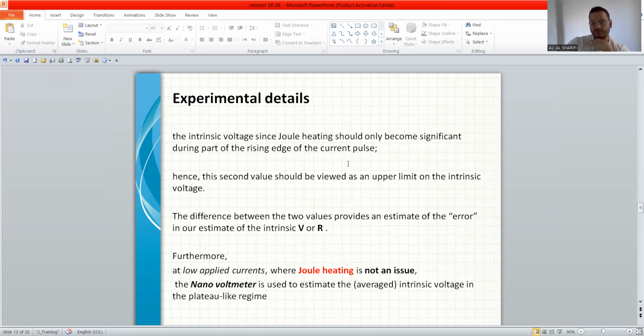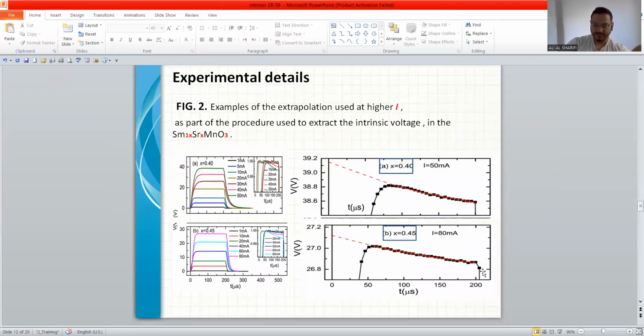The difference between the two values provides an estimate of the error. Here the error is clear, some difference between the first and the second image, from start to end and from end back to the start point. The shape acts with another behavior, because that is what we call hysteresis behavior: it didn't take the same copy, it didn't plot the same image.